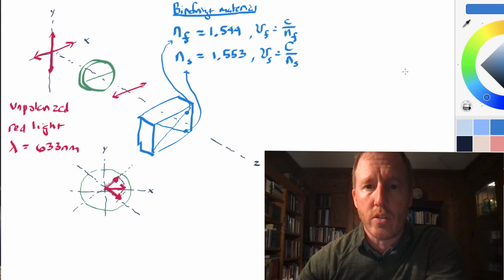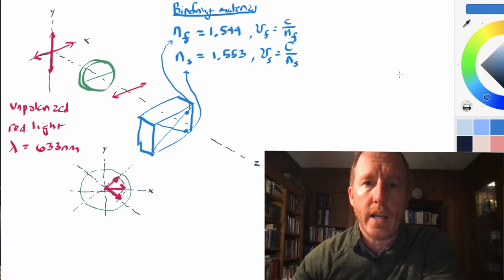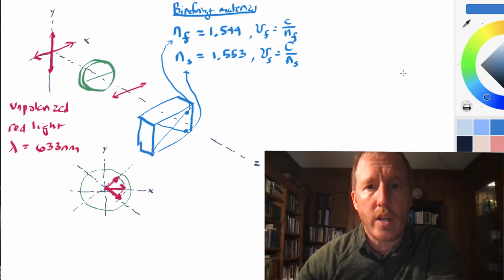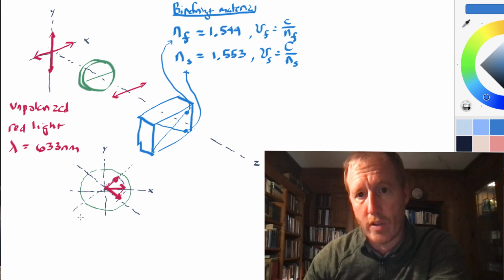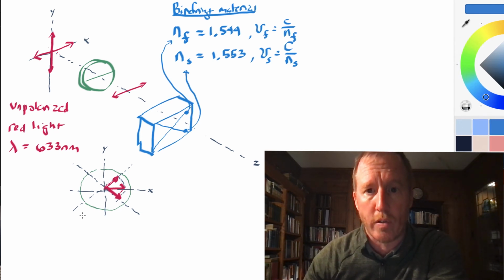So the point is, and here's the main point, that if this light that is incident upon this birefringent material is polarized along the horizontal or the x direction, that can be considered as having a component that is polarized along the fast axis of the crystal and a component that is polarized along the slow axis of the crystal.